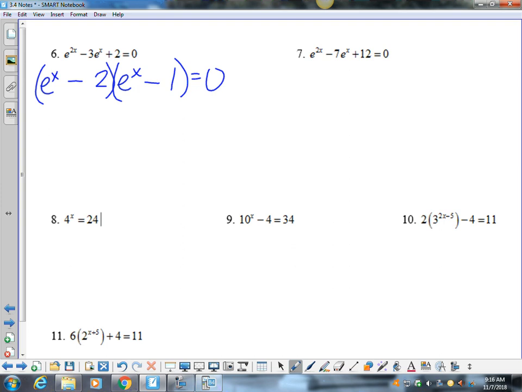Now what's your next step after you factor? I'm solving it. Yes. Set them both equal to 0 and solve them both independently. So add 2, and then what? Good.